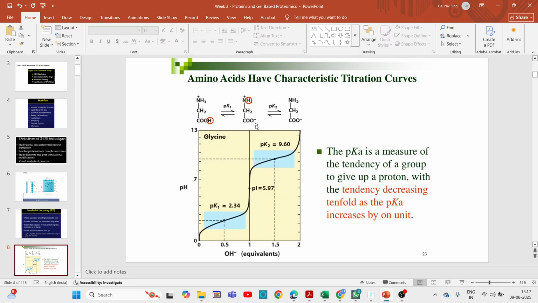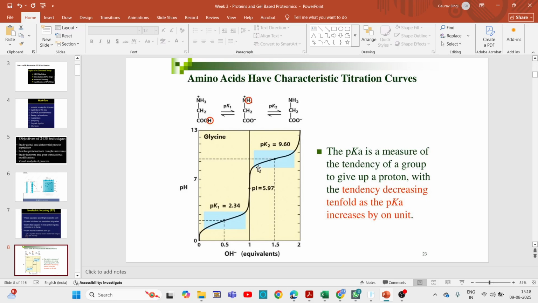Although one H ion is removed, this has a positive charge as well as a negative charge, indicating both are cancelling each other, and there is no net charge as such, and the net charge becomes zero because one is plus and one is minus. Plus 1 minus 1 is equal to 0. So that's how this specific amino acid gets a neutral charge.